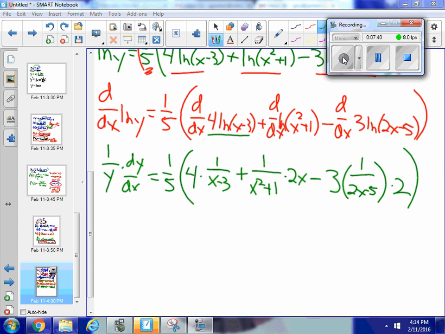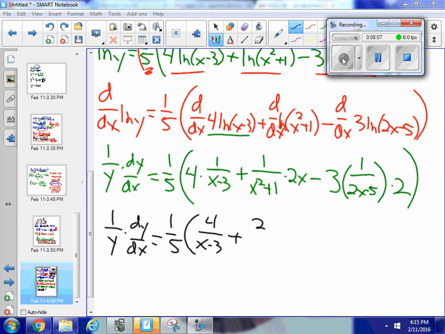So now, again, I'm simplifying my algebra here. This is still 1 over y times dy/dx. And now I'm going to distribute, combining these; I'll do it in several steps. I have 1/5 times 4 over x − 3, plus 2x over x² + 1, minus 6 over 2x − 5.